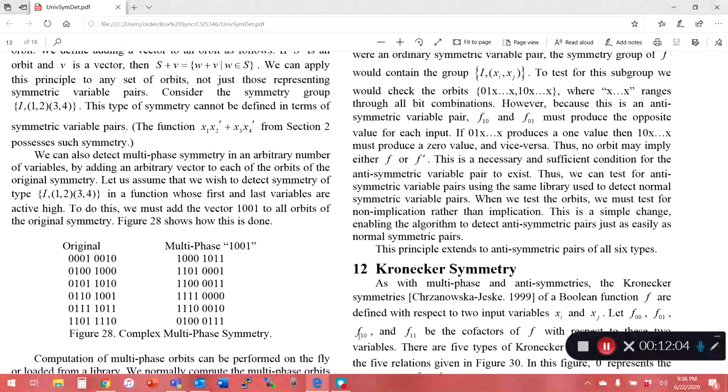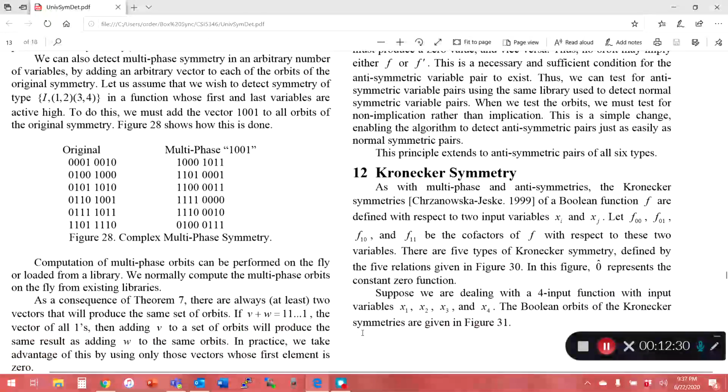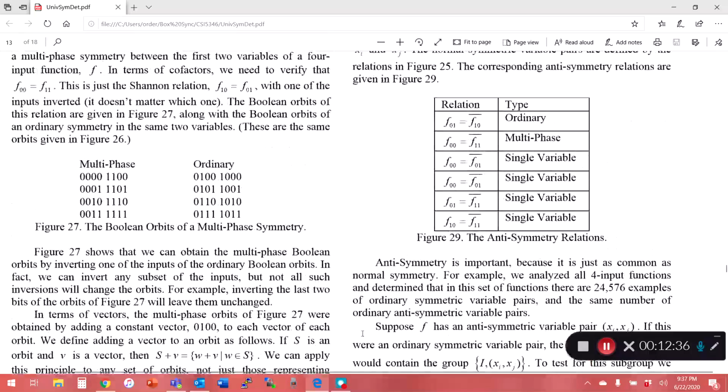The illustration I have here is x1, x2 prime plus x3, x4 prime. You'd have 2 variables that are inverted with respect to the other 2, and the multi-phase symmetry in this case is with 2 variables rather than just 1. And we can detect that just as easily.